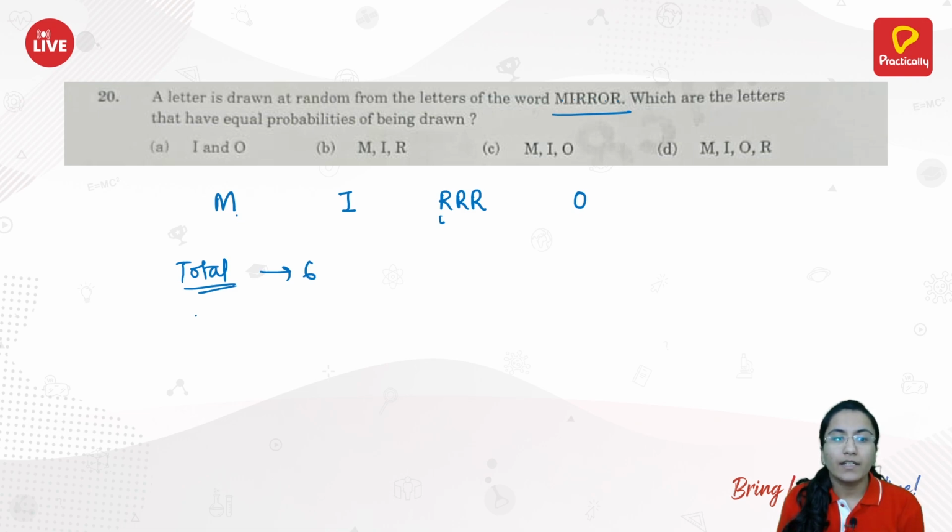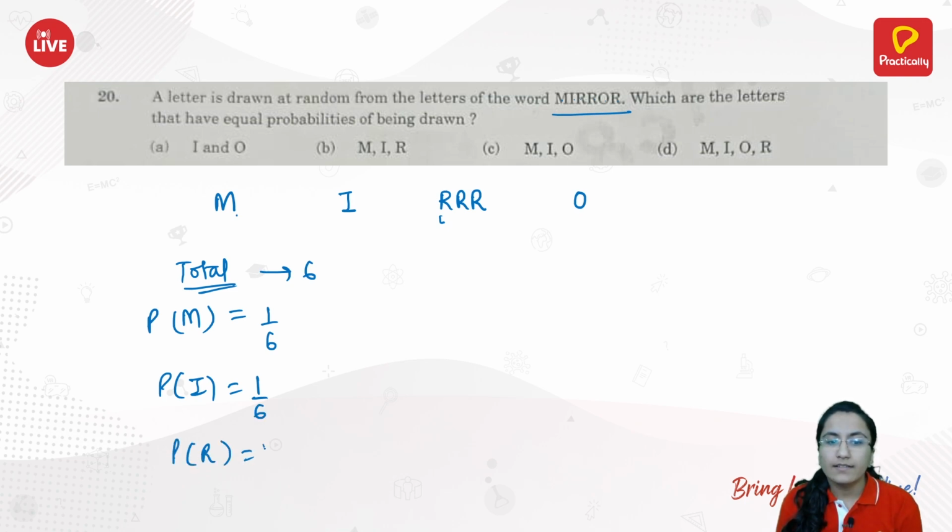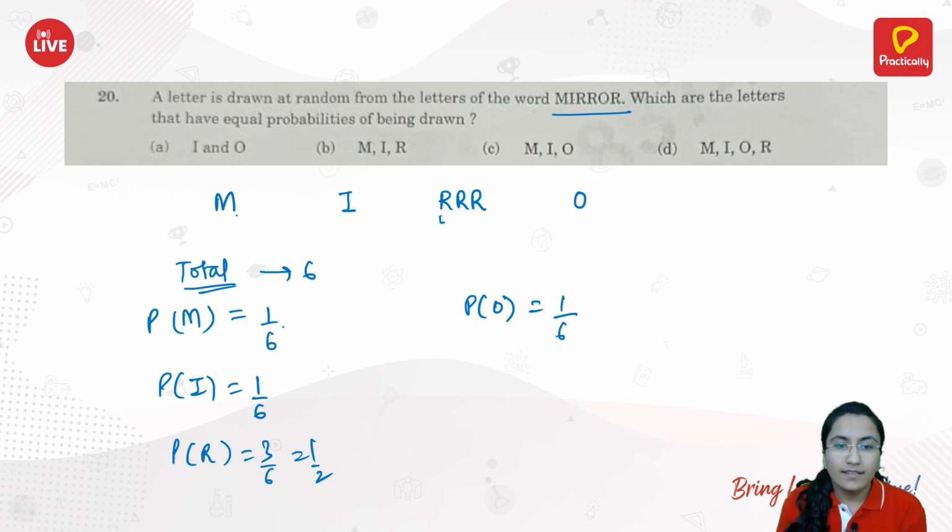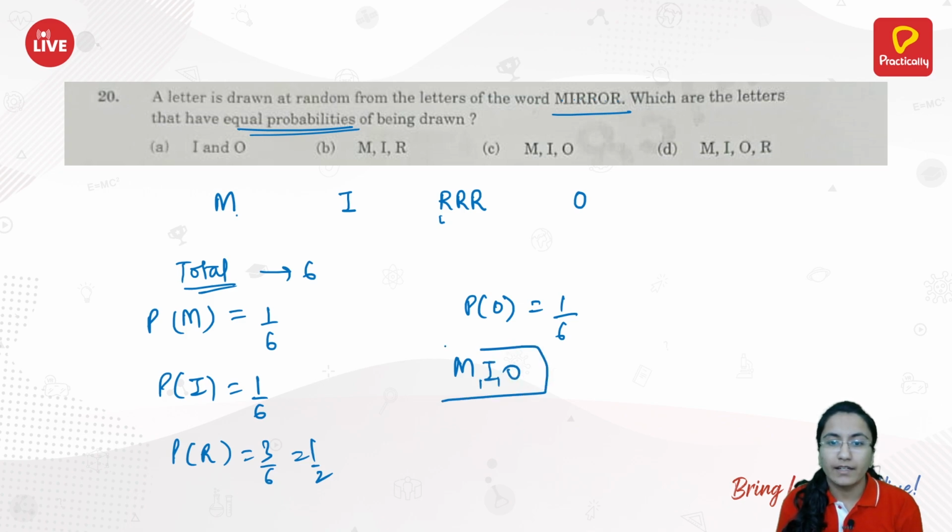So the probability of picking the letter M comes out to be 1 by 6 because there is only 1 M. The probability of picking I is again 1 by 6. The probability of picking R is 3 by 6, which is half. And the probability of picking O is again 1 by 6. So you can see here we need equal probabilities, which are of M, I and O. M, I and O have the same probabilities.